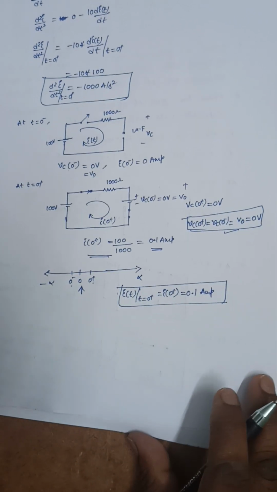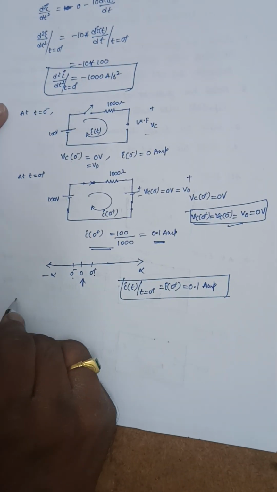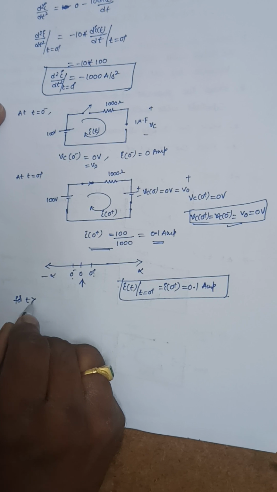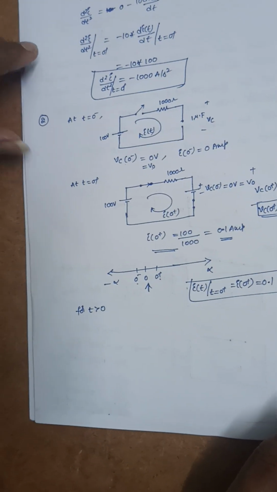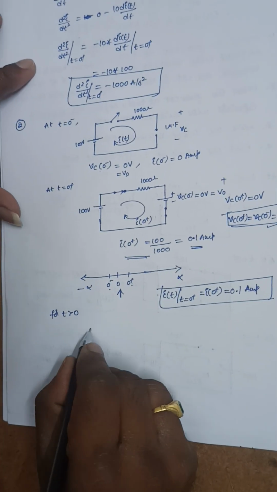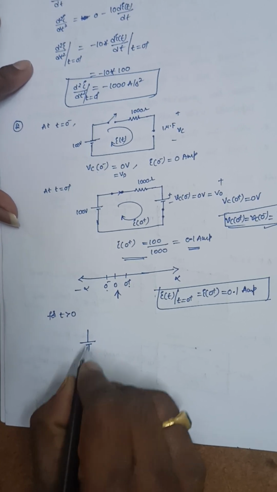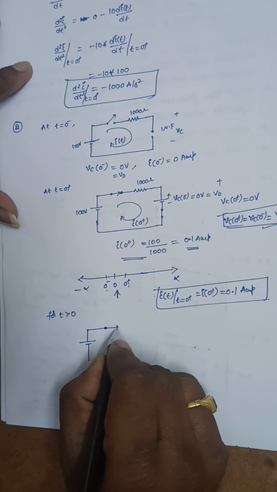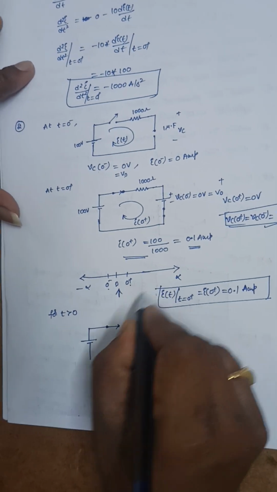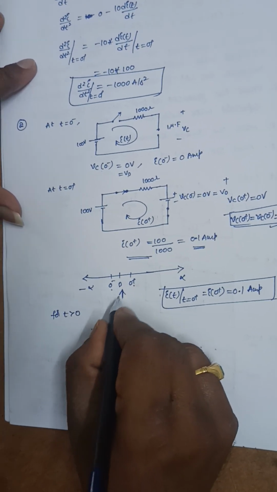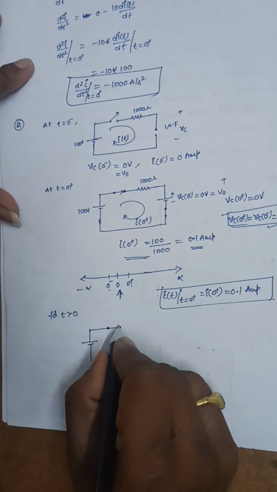To find this di by dt and d square i by dt square, I need to draw the circuit for t greater than 0, that is to write the integro-differential equation. After t greater than 0, the switch is closed because the switching action is done at t equal to 0.